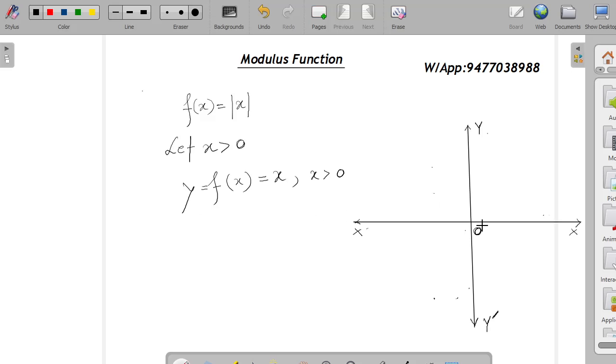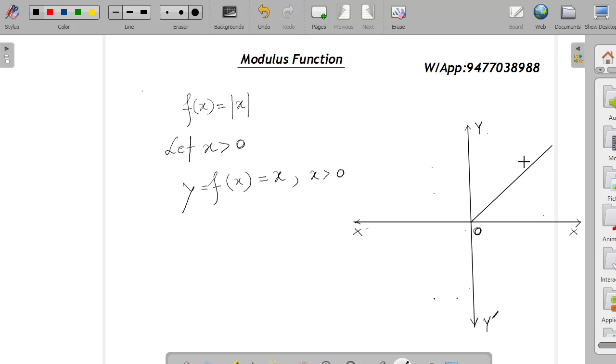So this is the equation of a straight line y equals x when x is positive. So we shall draw the line y equals x for positive values of x, making an angle of 45 degrees.